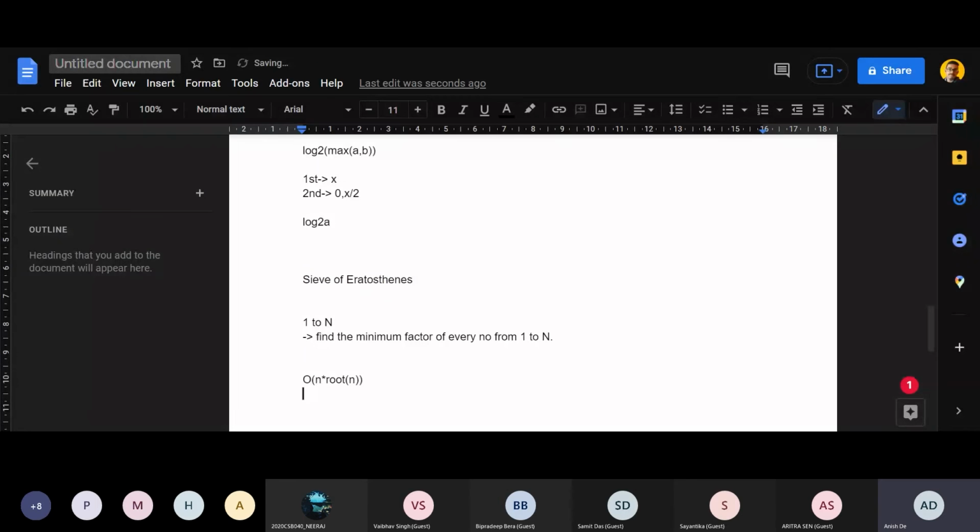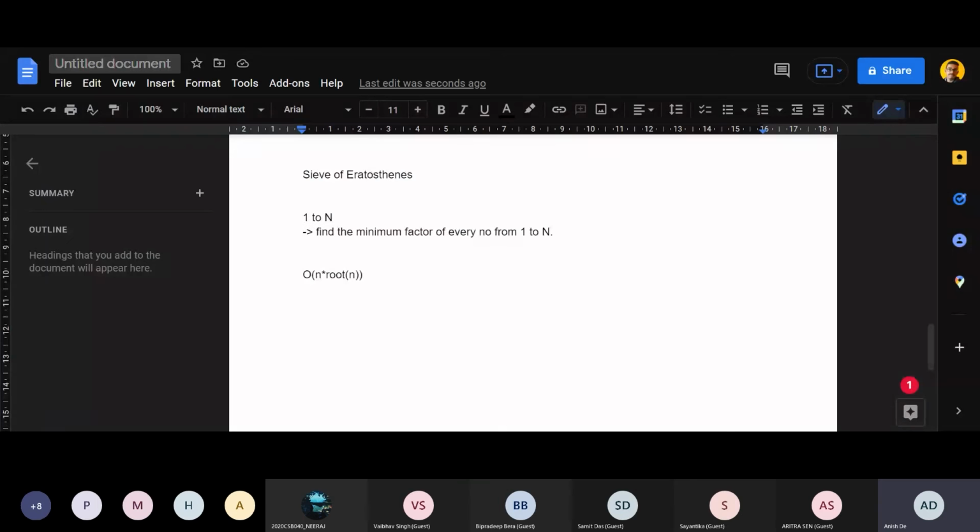Okay, so what someone told: he will run a loop from 2 to root of that number, and he will take the lowest factor. So for 1 it will have root 1, for 2 it will be root 2, and so on, and for n it will be root of n.